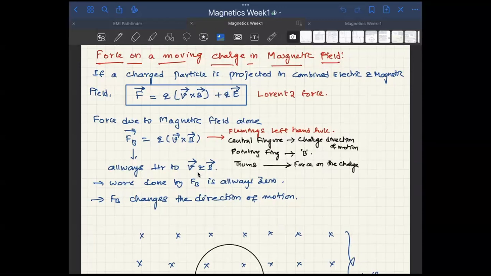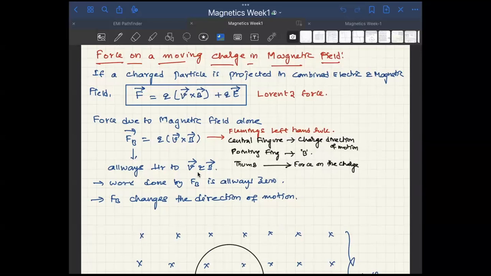Lorentz observed that when a charged particle is projected in different fields, exclusively electric field, exclusively magnetic field, combined magnetic and electric field, there is a deviation in its path.